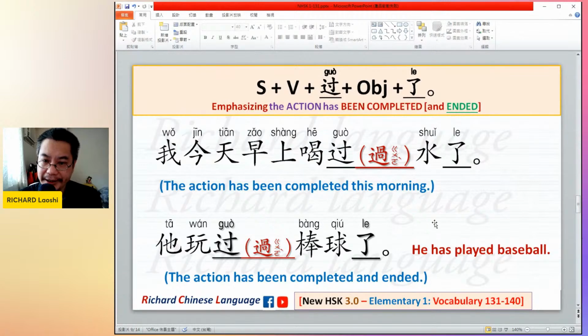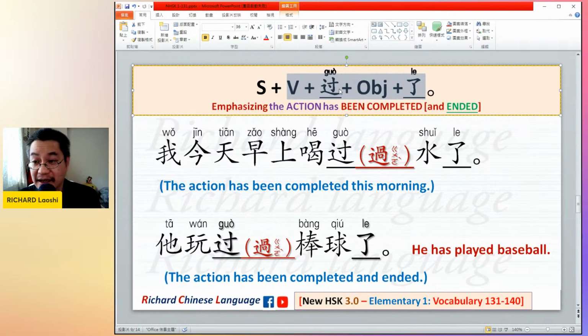Okay, and here let's talk about verb 过 object 了. What makes you confused is we use both 过 and 了 in one sentence. Verb 过 object, and then we add 了 at the end of the sentence. So when I use the two markers together, what does it mean?